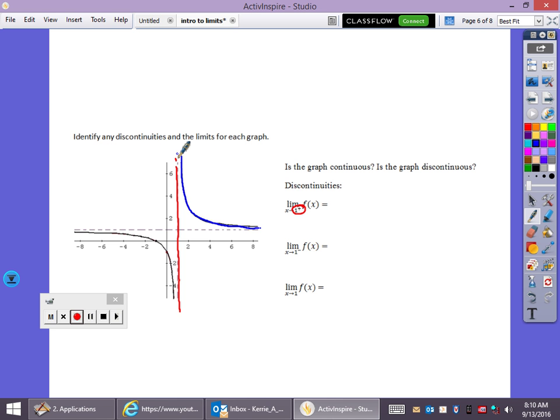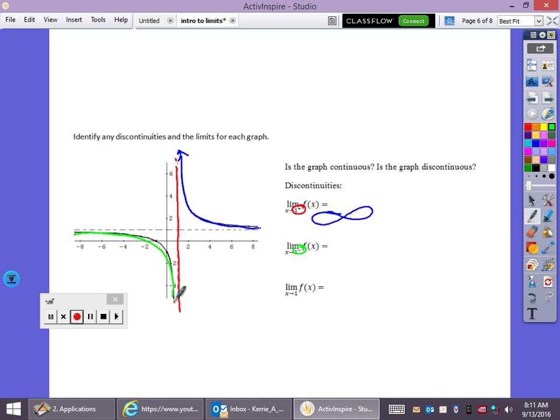Sorry, New York. I messed up the map. Where am I heading towards? Infinity. Good? If there's a little plus sign there, that means you're coming in from the right side of the graph. And if it's a negative, you're coming from the left, which is the traditional direction that we normally read a graph.